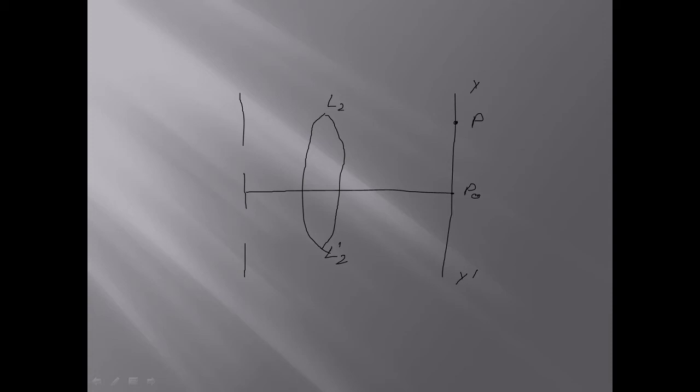Then these rays are coming from these two slits. This is the O. From these two slits, they are diffracted with an angle theta.